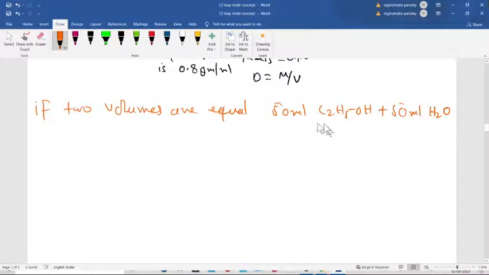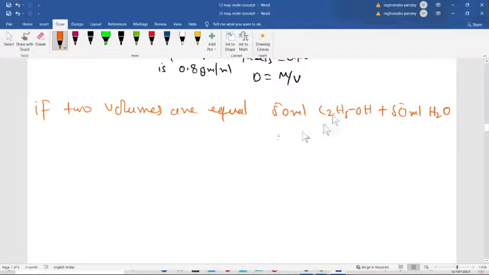After the calculation, there is a line you have to write: we have taken water as a solvent, or we have taken ethanol as a solvent. Whatever solvent or solute you are taking, you have to mention it.